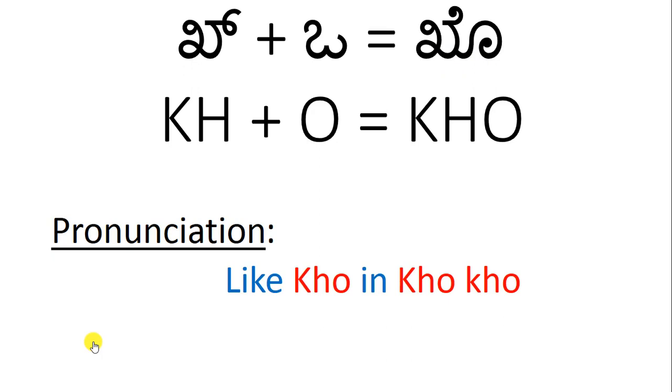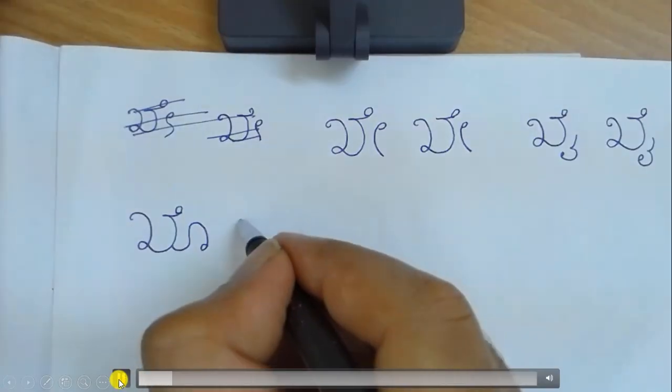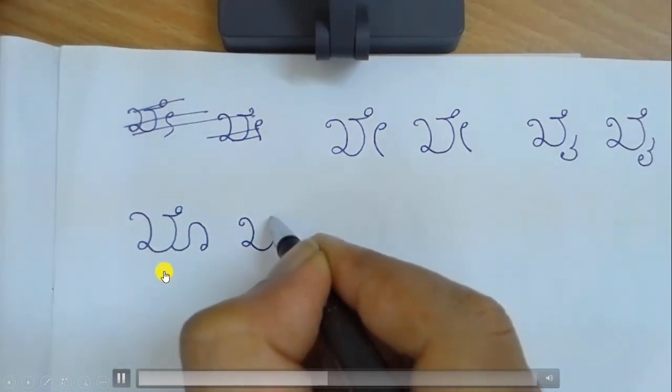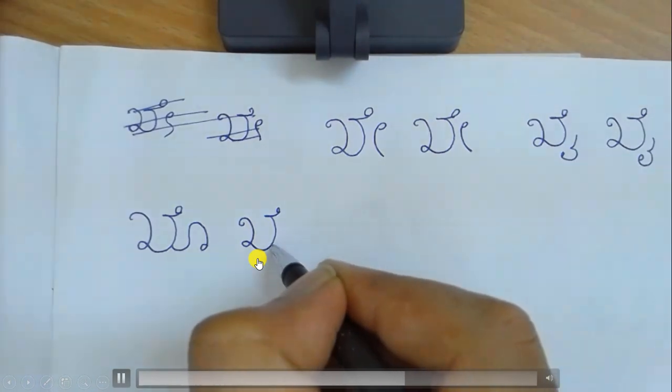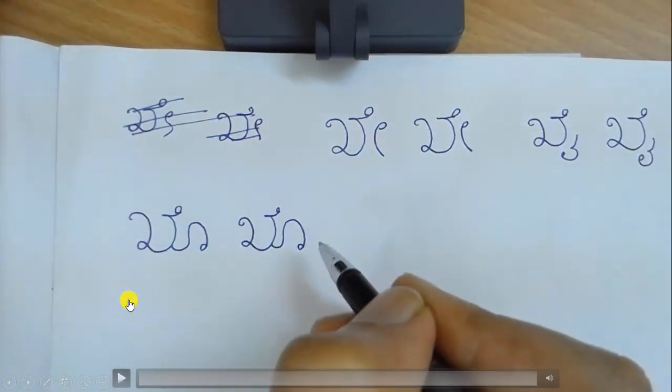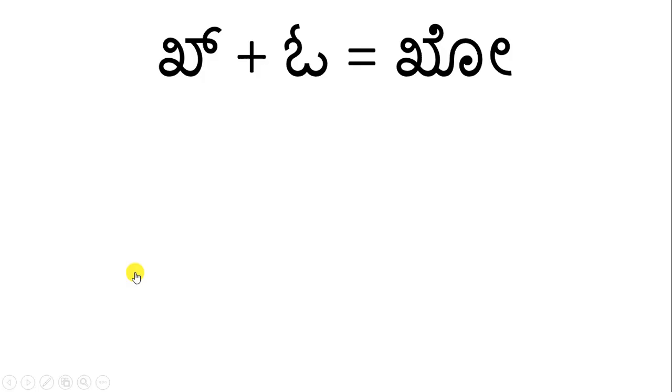Now let us see how to write this sound, kho. Okay, the one that you see on the left is kho, and this is also kho. This is how we write kho. Okay, kho.